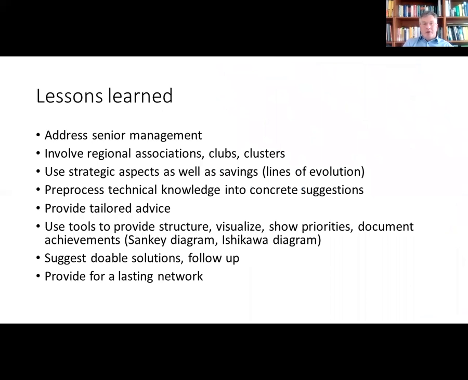The lessons learned are we definitely have to address senior management, maybe by involving regional associations, clubs, clusters. The personal meeting with managing directors was much more effective than sending out emails or distributing folders or brochures.